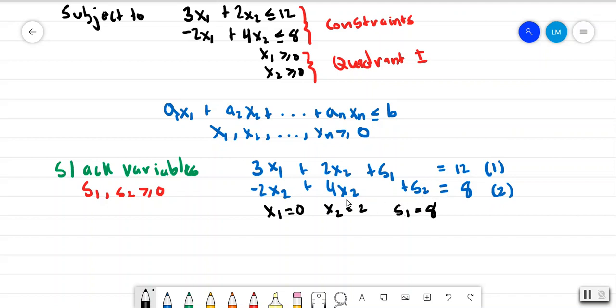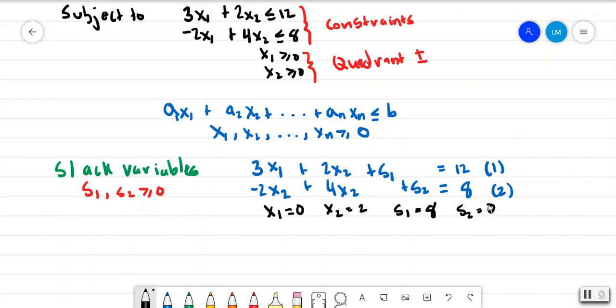Now, if x2 is 2, you get 8, but over here you have 0, and over here you have an 8. So in that case, S2 would have to equal 0.